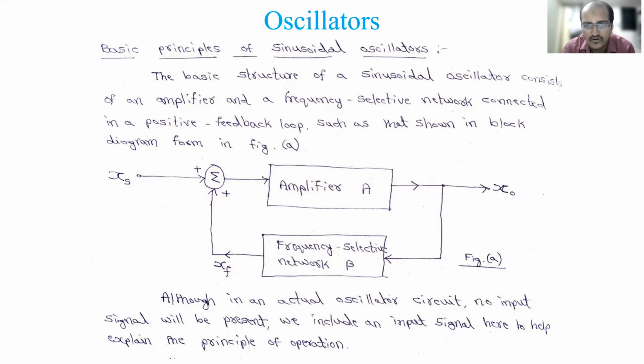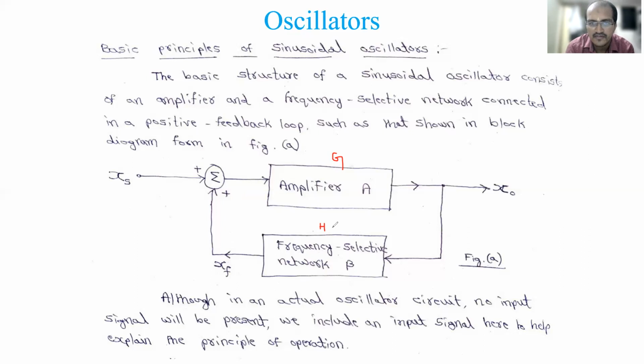This is the same as the general block diagram you have seen in a control system, where you had G, and this is the feedback network we call H, and instead we had the summing point with plus and minus signs, R of S, C of S. You are going to see the same diagram here, but it is an amplifier with a frequency selective feedback loop. The expression will come the same way, because the mathematics will not change for any subject.